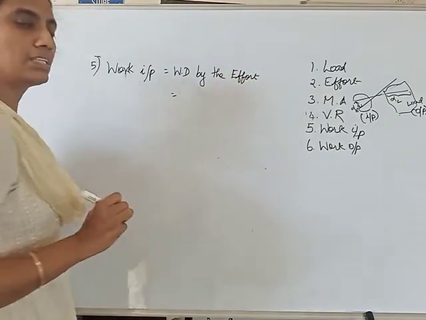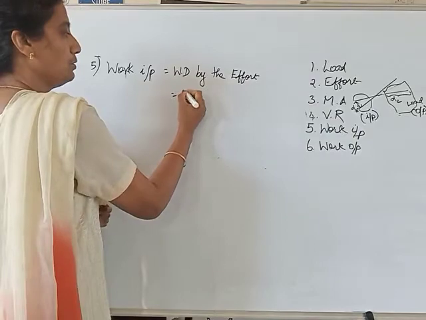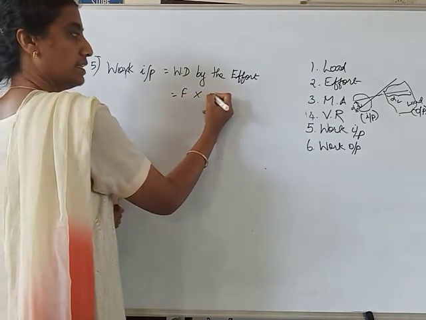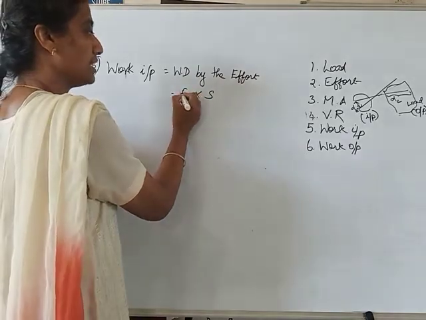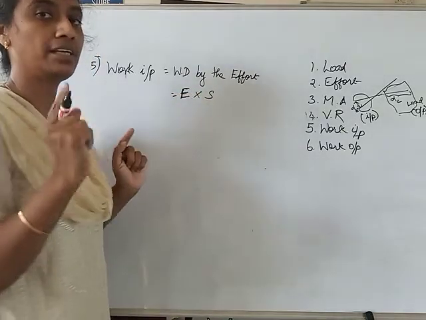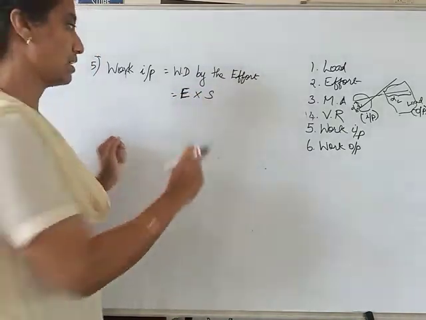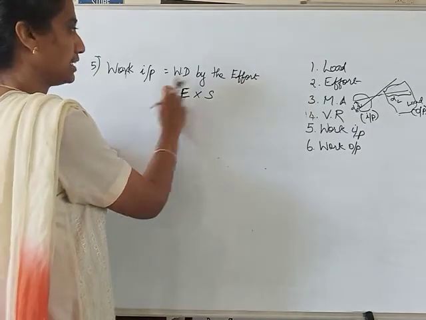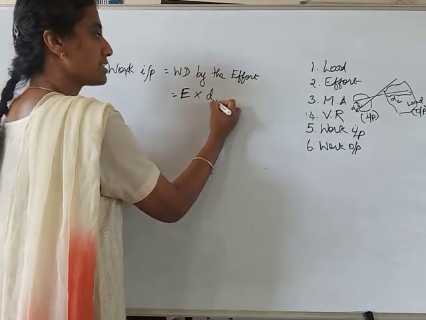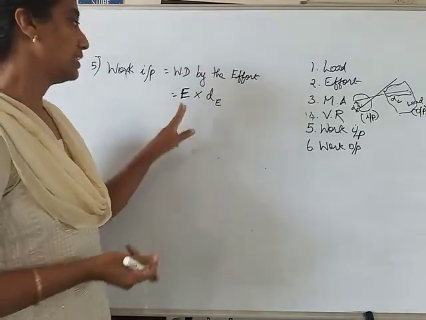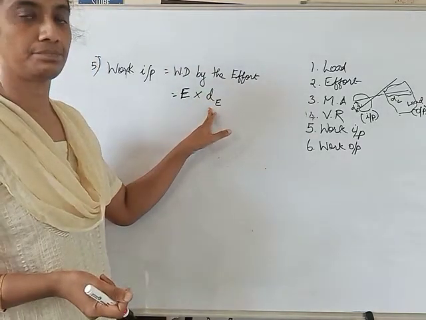Now the formula for work done is force into displacement, right? Here force is basically the effort. I told you load and effort are basically forces. So instead of F, I will write effort, and instead of distance, I will write distance traveled by effort: E into dE.